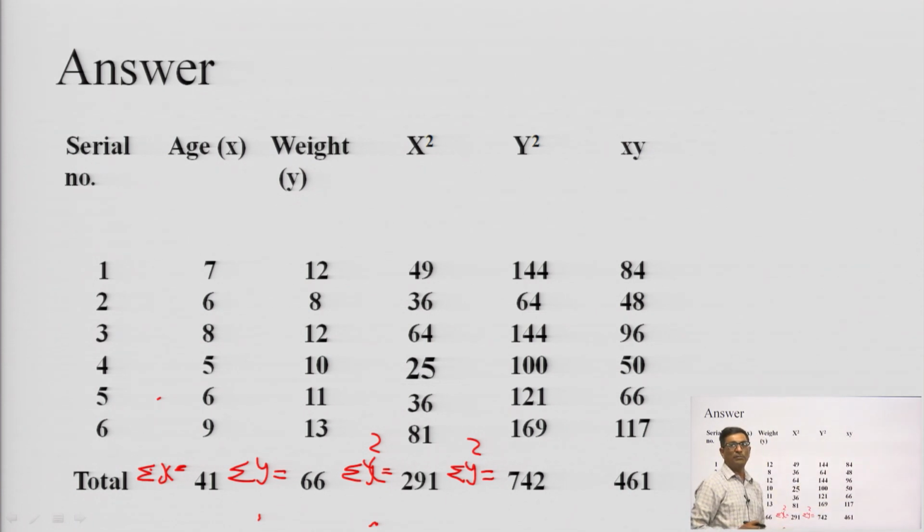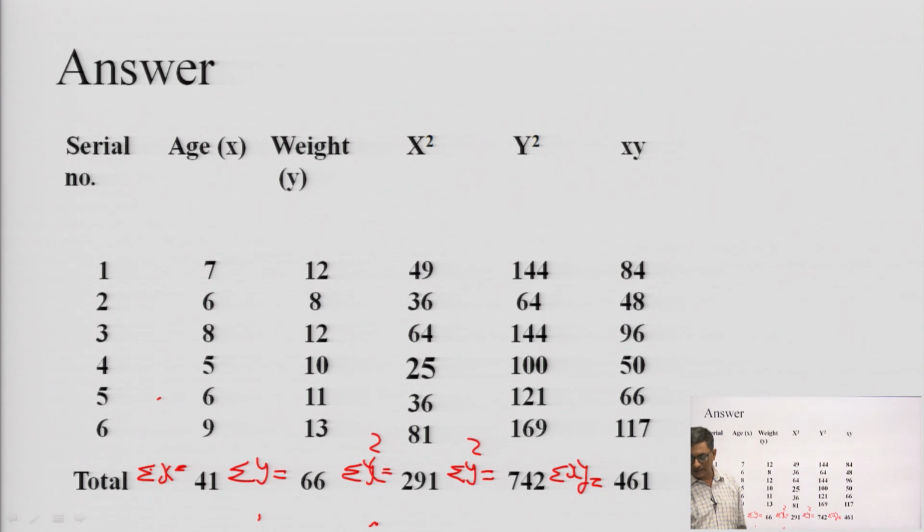And in the next column we find xy. xy is the product of the values of x and y: 7 into 12 is 84, 6 into 8 is 48. We add these terms, and this will be equal to summation xy. So, we get the values of summation x, summation y, summation x square, and so on.